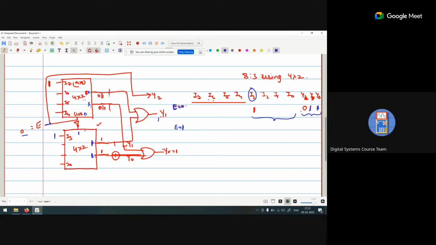Now I connect 1 as I5. Now when 1 is at I5, Y0 is 1 and Y1 is 0. And here we are getting a don't care condition.